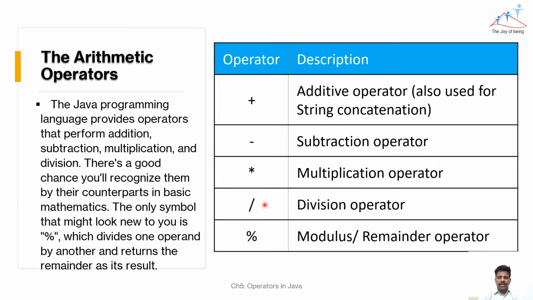The next one is slash, which is a division operator, which divides one operand by another operand and gives the quotient as the result. It may look new to you, the percent symbol, which is called the modulus operator or remainder operator, which divides one operand by another operand and returns the remainder as a result.